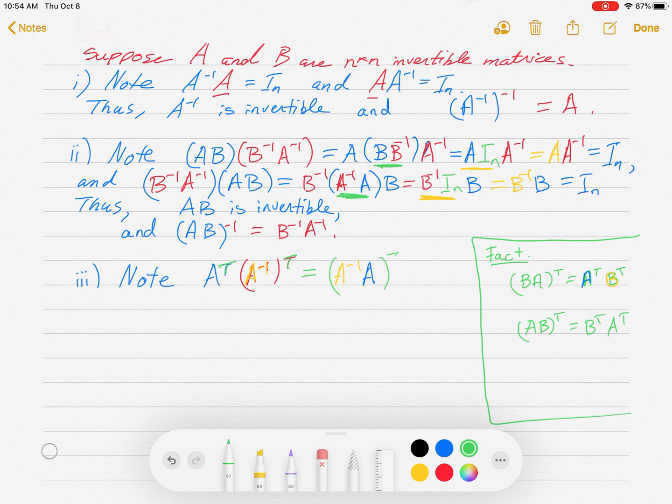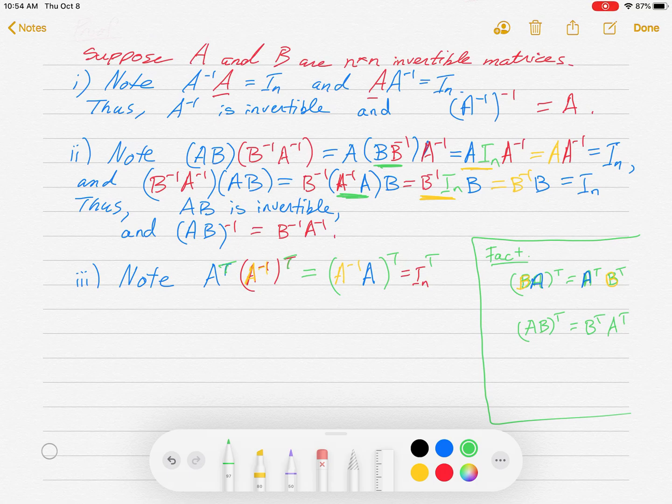This is equal to A inverse A with a big T around it. The B is yellow, and the A is blue. So I'm just using that property of transposes.